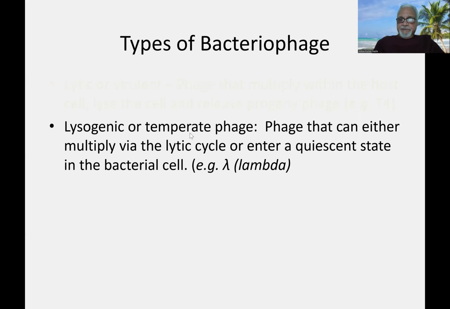Another type of bacteriophage is the lysogenic, or temperate, phages. Here, once the phage DNA is injected into the cell, instead of multiplying, it enters into the host chromosome.